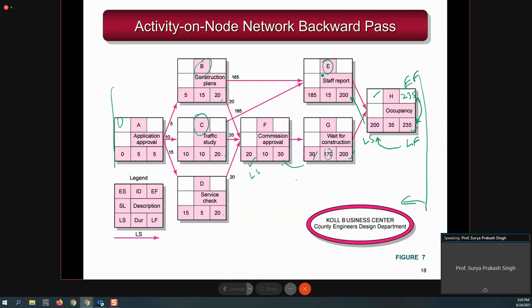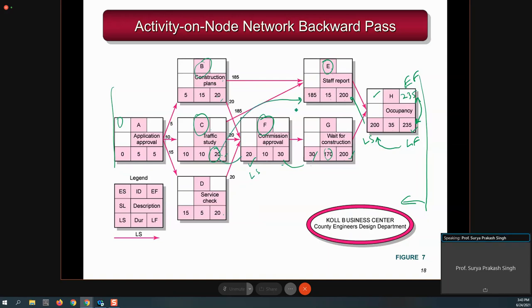But if you see these two activities, because E depends on B and C, you want to know what I have to do, because C is common to E and C is common to F. If you are seeing, C is common means C is the preceding activity to E and C is the preceding activity to F. So what should you write? You should write 20 here because this is 20, or you should write 185 because this is 185.